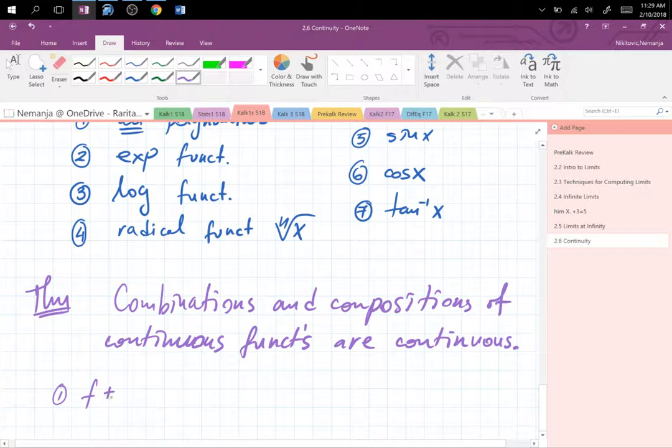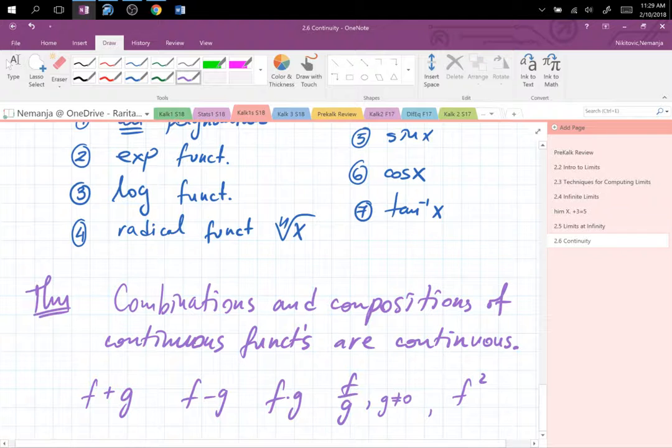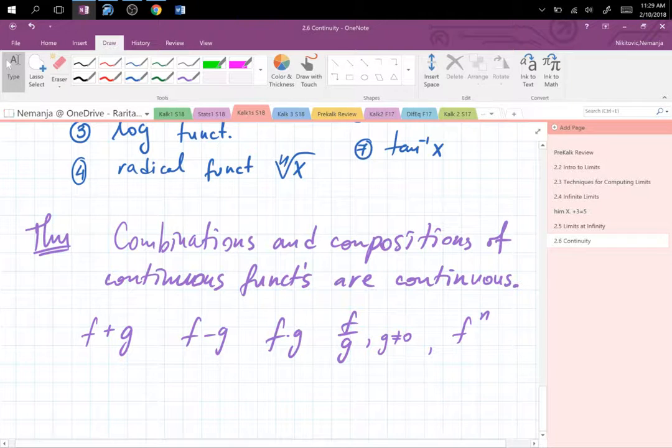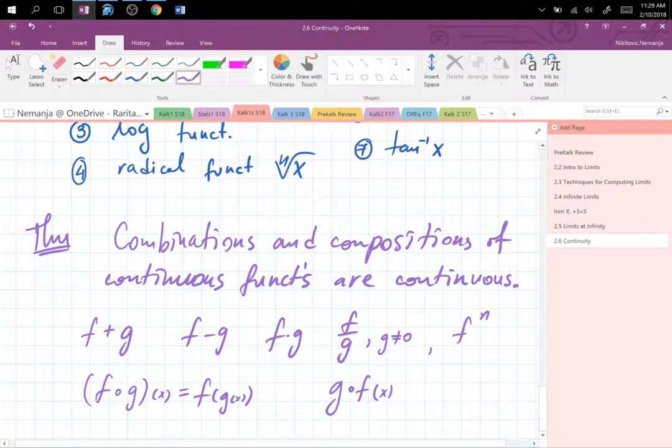Well, your good old friend f plus g, f minus g, f times g, f divided by g, provided that g can't be 0, f squared, or f to the n, and then composition, f composed with g, which is f of g of x, or g composed with f, which is g of f of x.